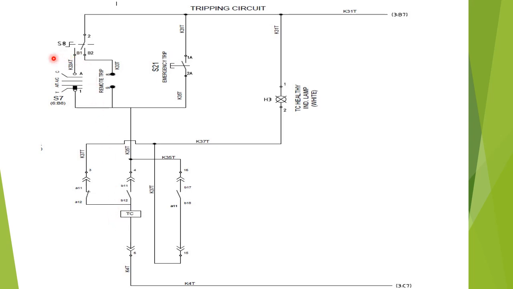Now for local tripping of the circuit breaker, this local remote selector switch will remain in local position. So this is the local position and this is the remote position.